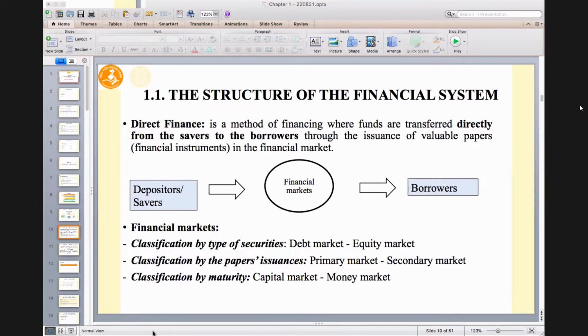So there are some kinds of financial market. Maybe you have already studied in a previous subject. If it's based on the security, we have debt market or equity market. So who can tell me, in the debt market, which financial instrument do people trade?